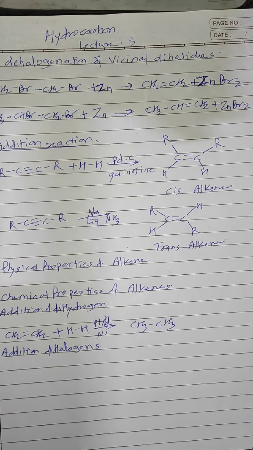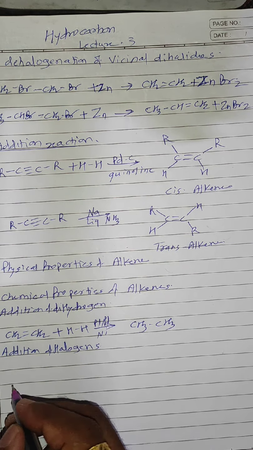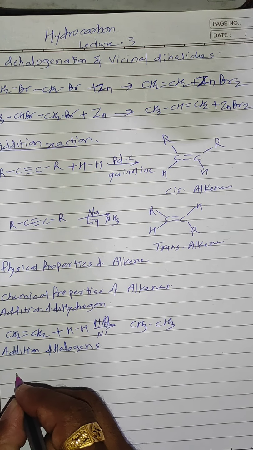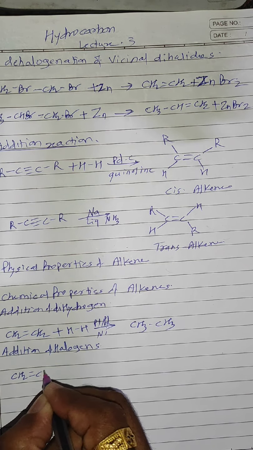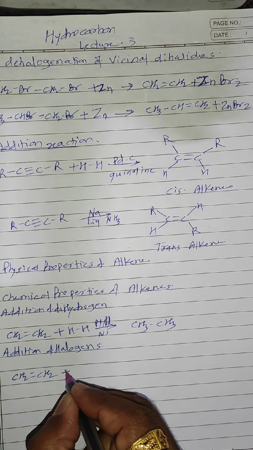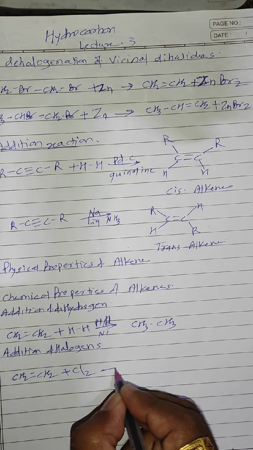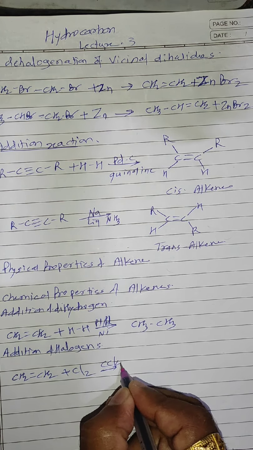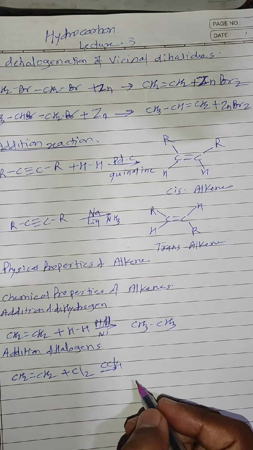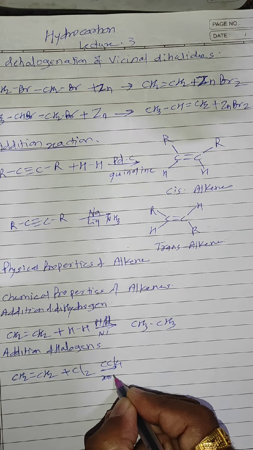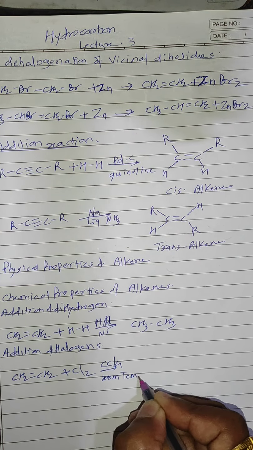X2 means Cl2, Br2, I2, etc. So first, addition of chlorine in presence of carbon tetrachloride to ethene. Ethene having the formula CH2=CH2 is treated with chlorine in presence of CCl4, carbon tetrachloride, at room temperature.